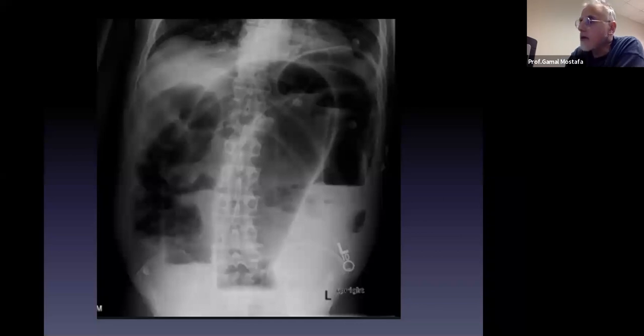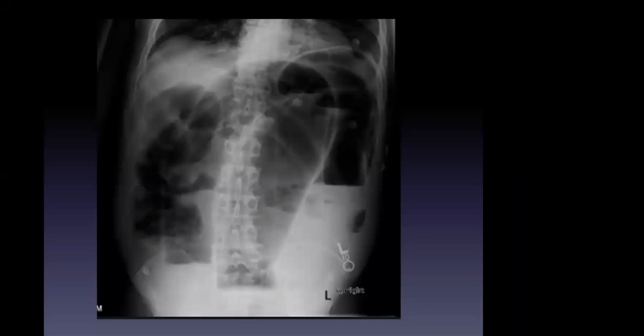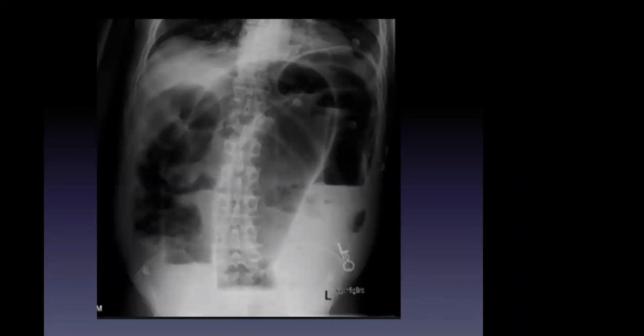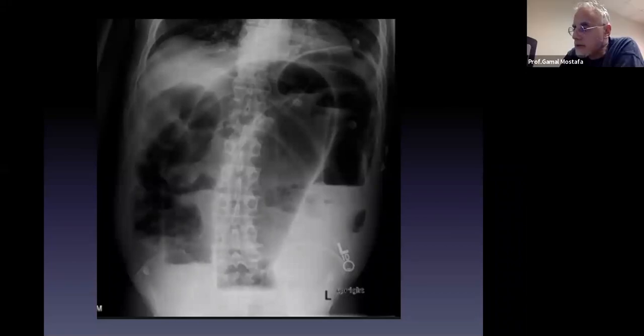What operation? Sigmoidectomy. Do you operate in the same admission or bring him back? No, we keep him in the hospital for 3 to 5 days, and then we do an elective or semi-elective sigmoidectomy.